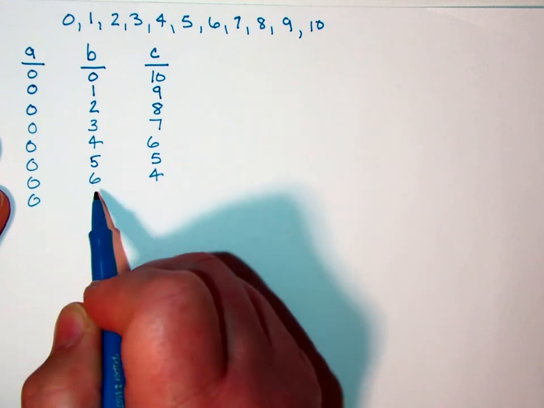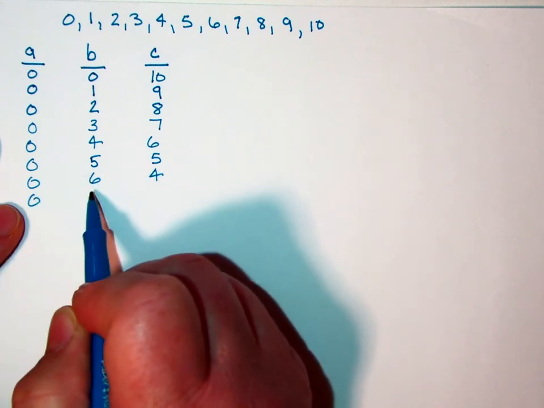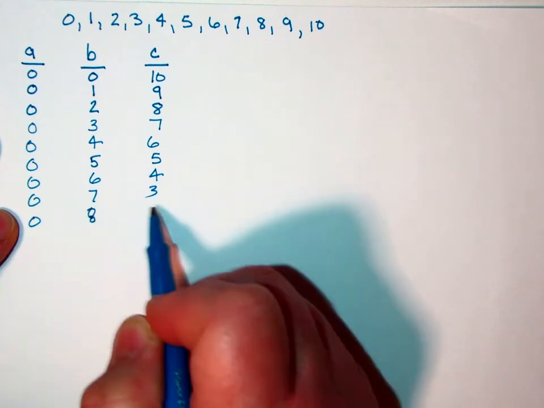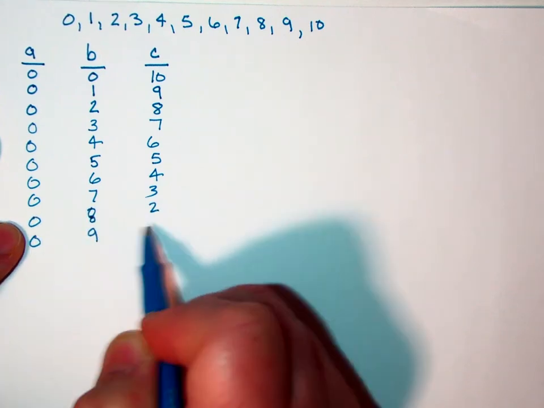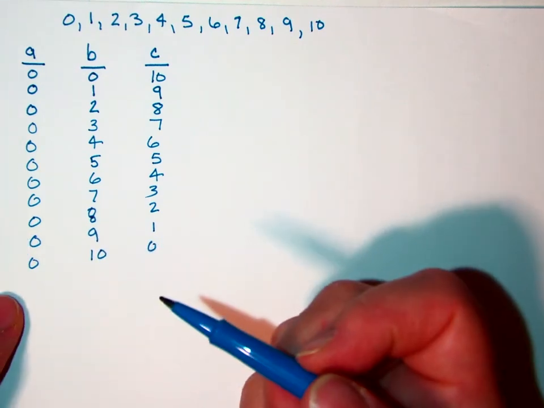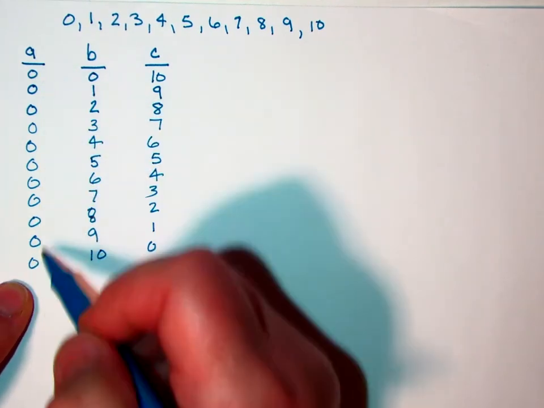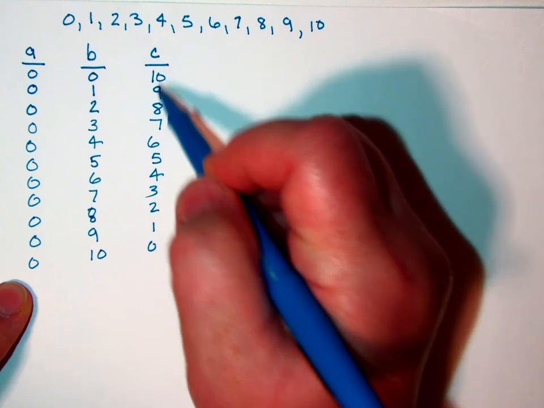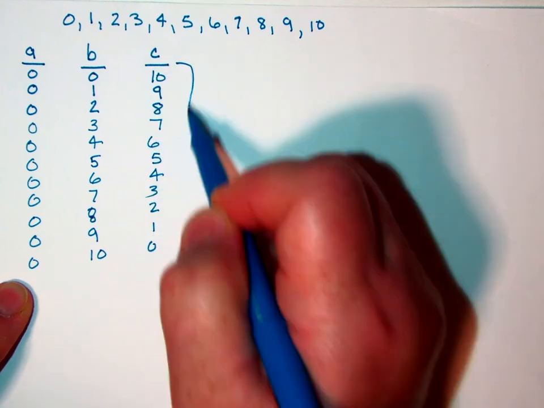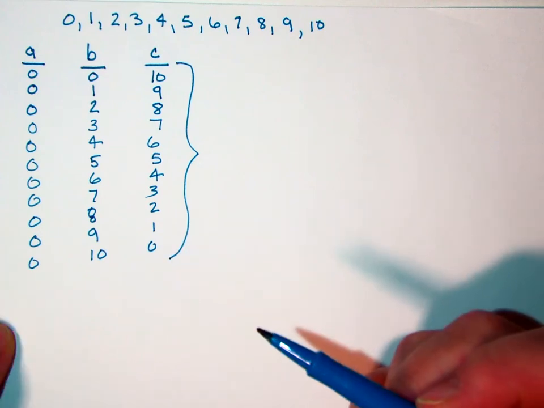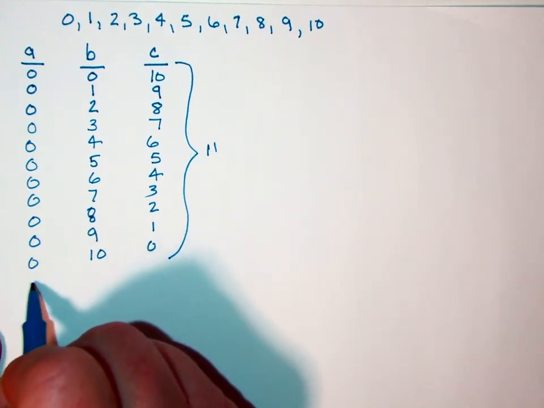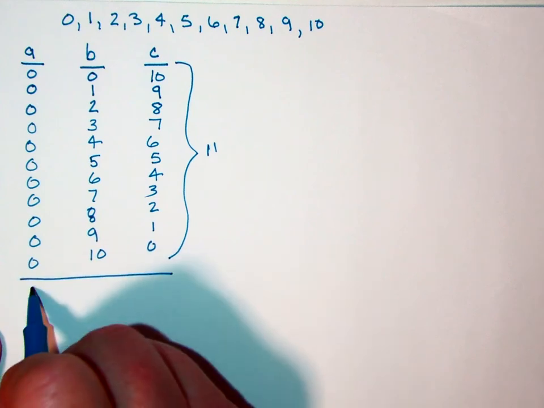Let's get all the way through all the possibilities where A could equal 0. And that's it. So when A equals 0, there are 1, 2, 3, 4, 5, 6, 7, 8, 9, 10, 11 possibilities for the remaining combinations of B and C.